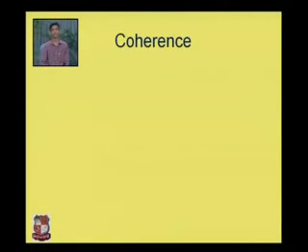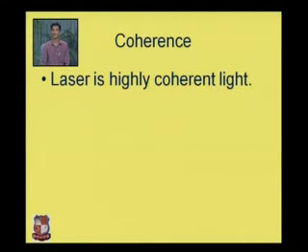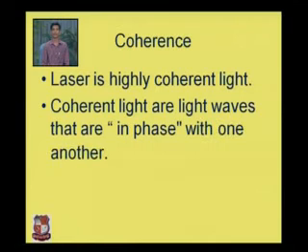Then the second is coherence. Laser is a highly coherent light. Coherent light consists of light waves that are in phase with one another. Basically, coherent light has the same pattern. If your light waves move in the same or a similar pattern, then such waves are known as coherent.